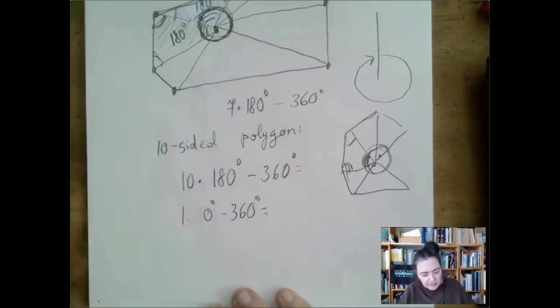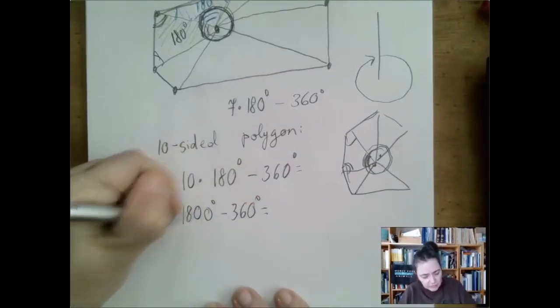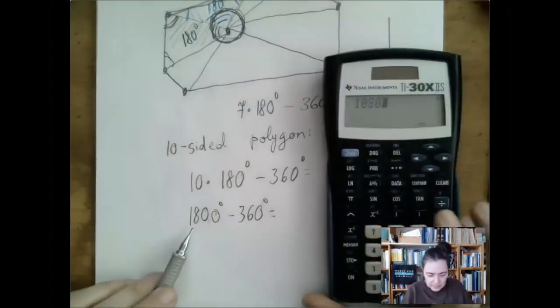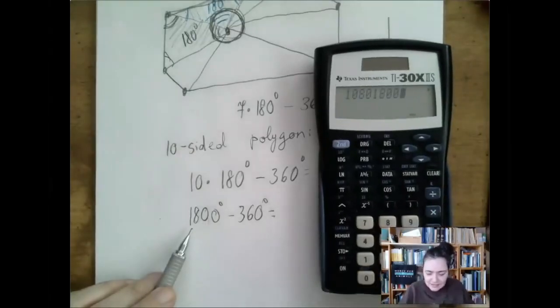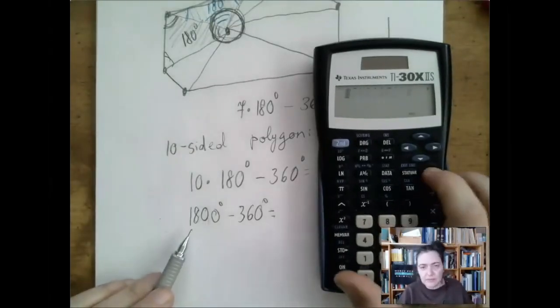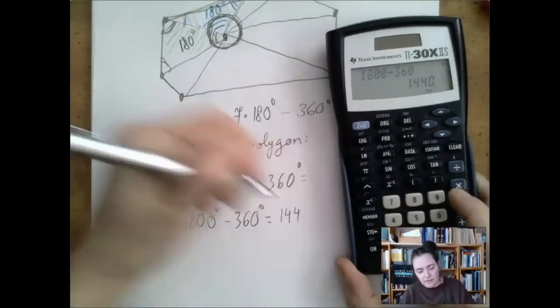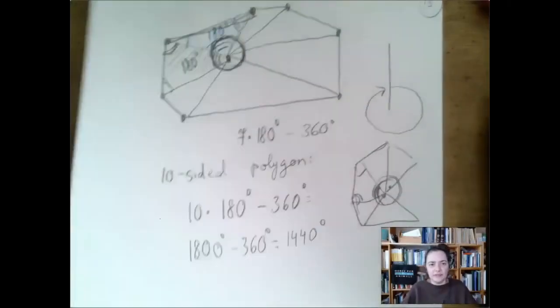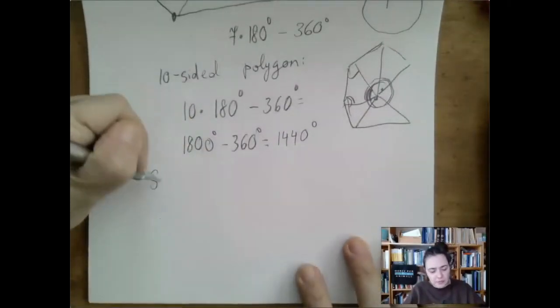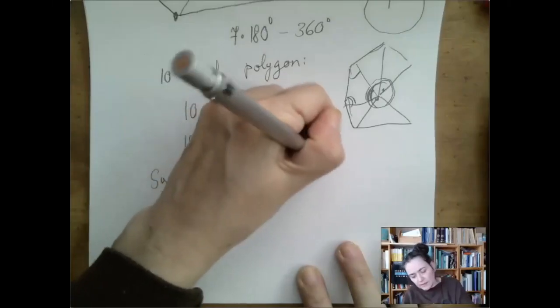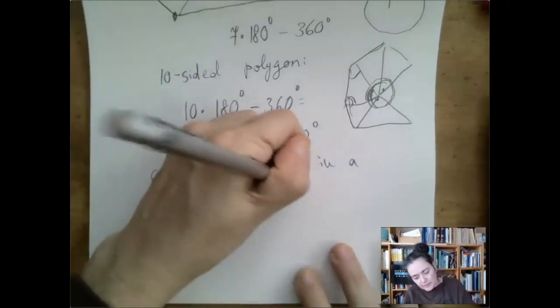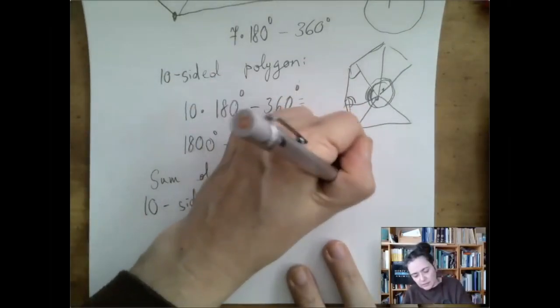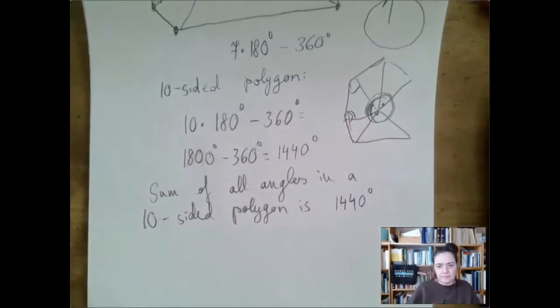To multiply an integer by 10, we just need to toss in another 0. So 1800 minus 360 is 1440 degrees. That's a lot of degrees in a 10-sided polygon. The sum of all angles in a 10-sided polygon is 1440 degrees.